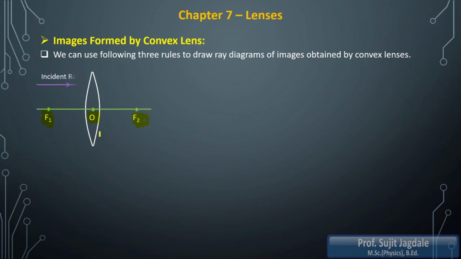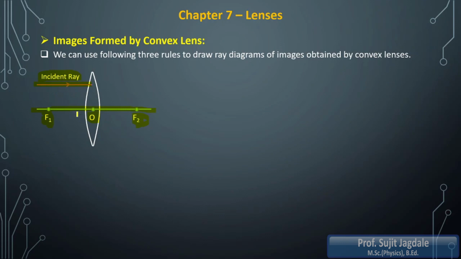Now I will consider one incident ray which is incident on the convex lens, and here I am going to compare this incident ray with our principal axis. The principal axis is drawn horizontally, in other words from left to right, and the incident ray is also drawn from left to right, horizontally.